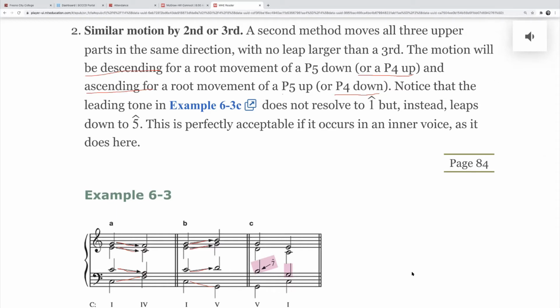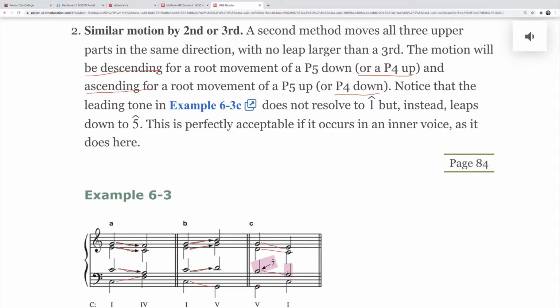And in example 3 here, letter C, our bass note moves up a fourth, and when we move up a fourth, everything else should move down. Soprano down a skip, alto down a step, tenor down a skip.